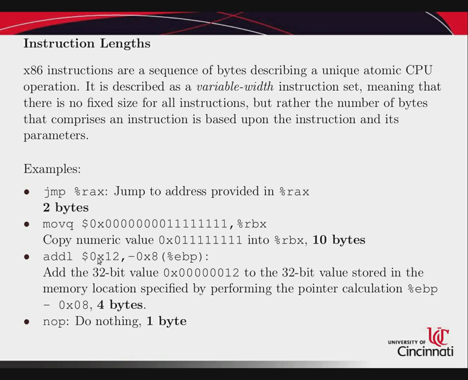So add the hexadecimal value 12 into the memory location that's 8 bytes less than whatever EBP happens to contain. So EBP is a register, contains a number. I want my CPU to go and find the memory location that EBP has, and then walk back 8 bytes from there, and then I want it to add 12 to whatever value is already in there, which means it's got to pull the value out of there, it's got to add 12 to it, and then it's got to write that back to the destination.